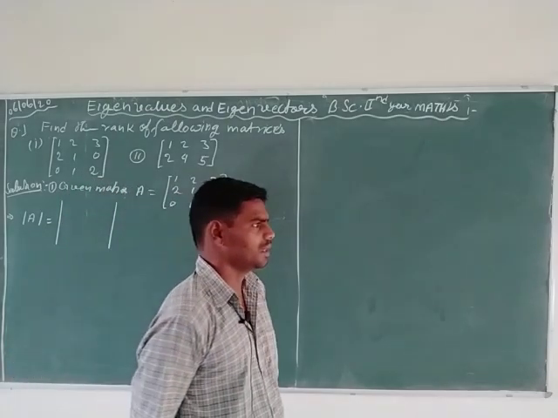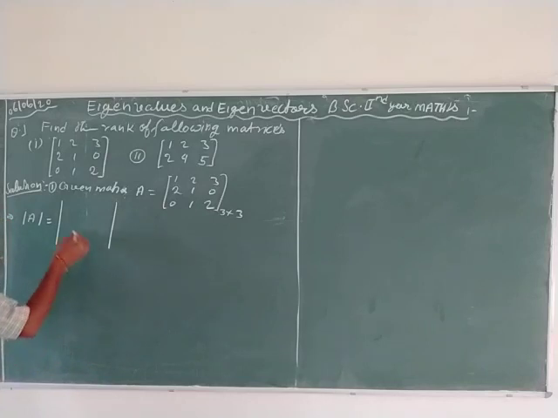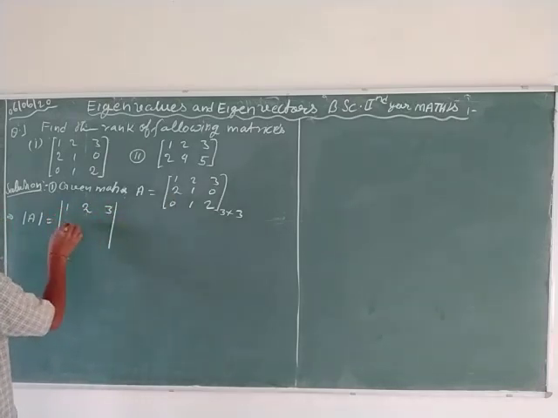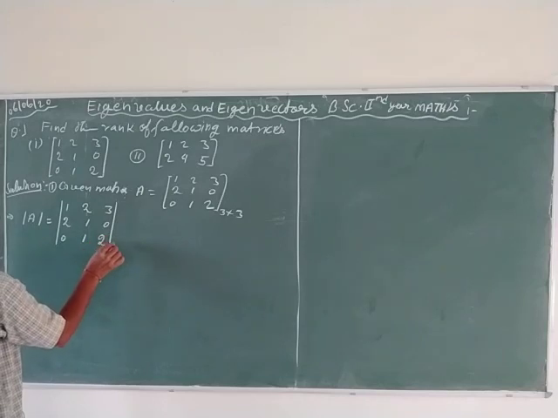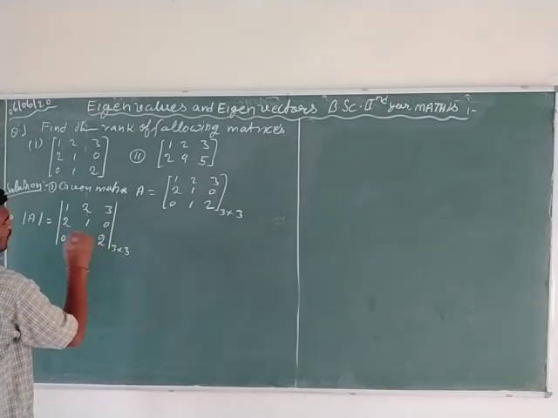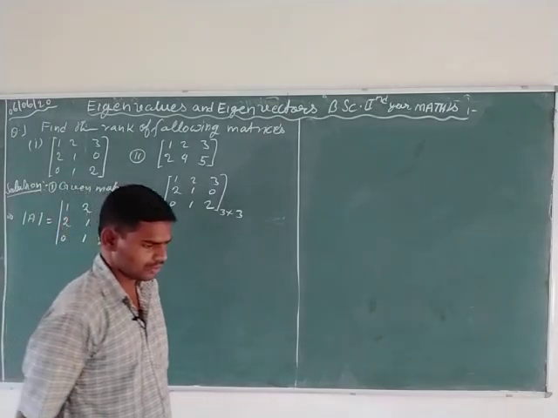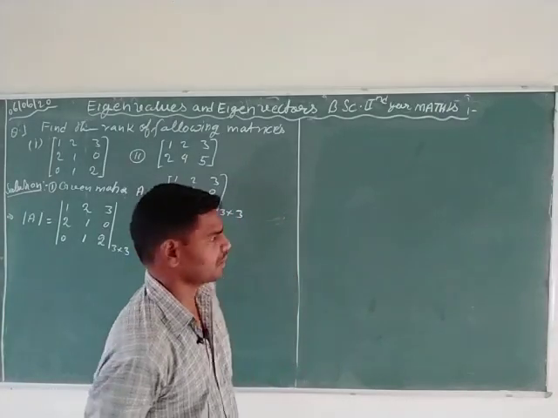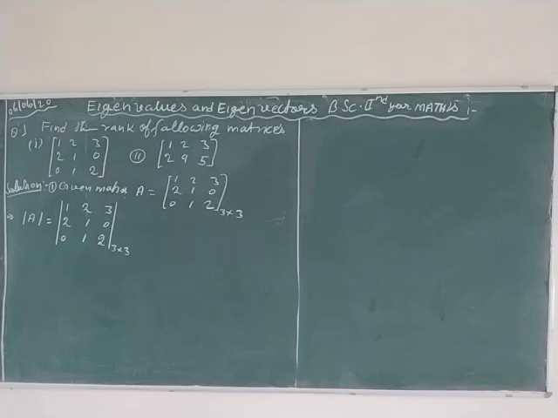The given matrix is capital A, with first row 1 2 3, second row 2 1 0 and third row 0 1 2, of 3 by 3 order. According to the two rules of determinant which you learned in the previous classes, we calculate the determinant of the 3 by 3 order matrix capital A.